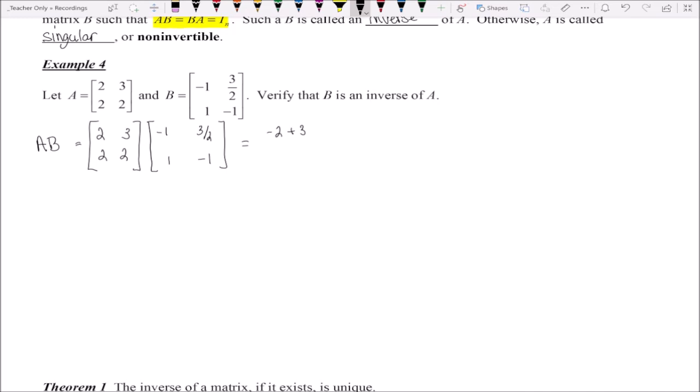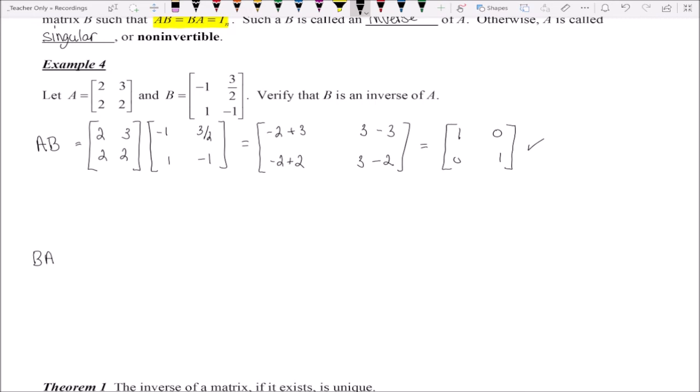The 1, 2 entry: 2 times 3 halves, plus 3 times negative 1. The 2, 1 entry: 2 times negative 1, plus 2 times 1. And the 2, 2 entry: 2 times 3 halves, plus 2 times negative 1. When you do the arithmetic, you see we get the identity. So A times B worked out.